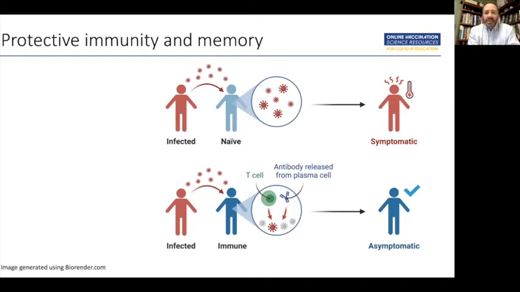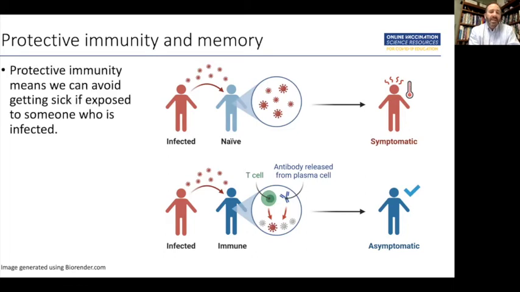Assuming that they survive the initial infection, the formation of the secondary immune response means that they can become immune. They are then, upon reinfection, typically asymptomatic and less likely to spread or fall ill from the disease.